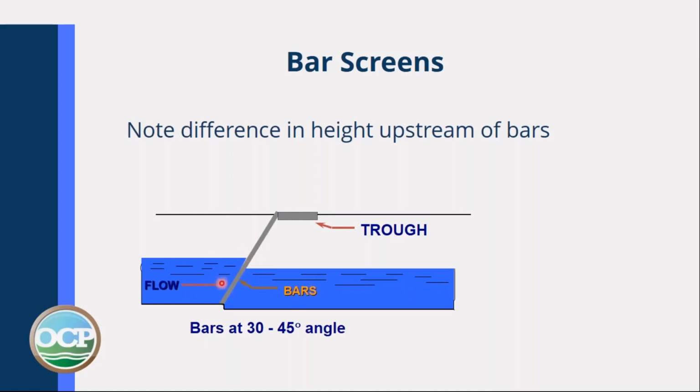This is due to stuff that might accumulate, but it's also the fact that the water flow here has to get through the holes in the bar screen or the sieve or whatever, so the water level is going to be higher upstream of the screening process.